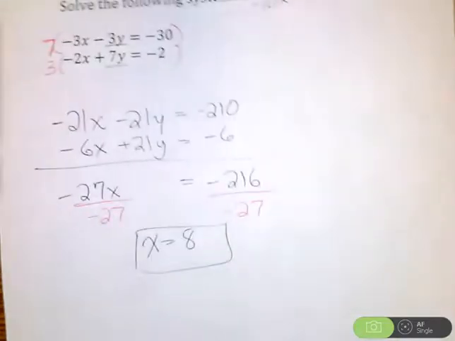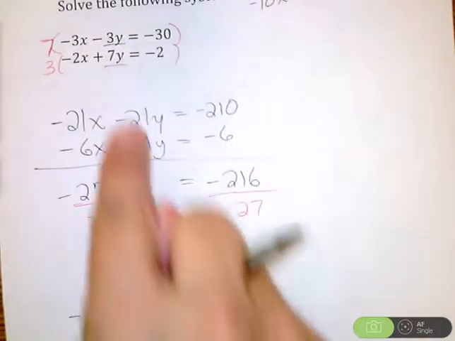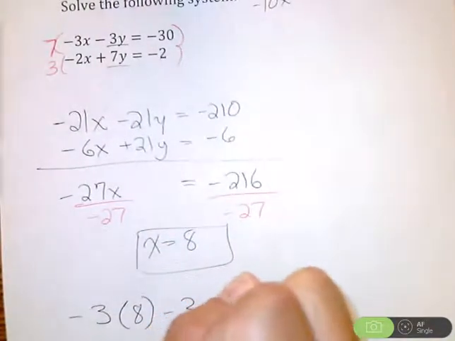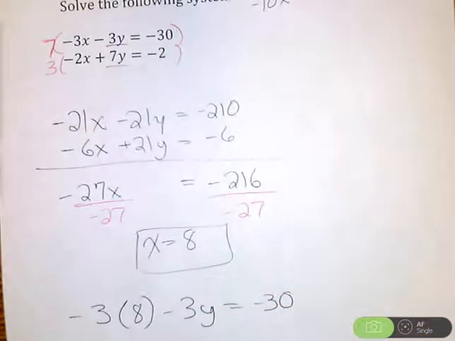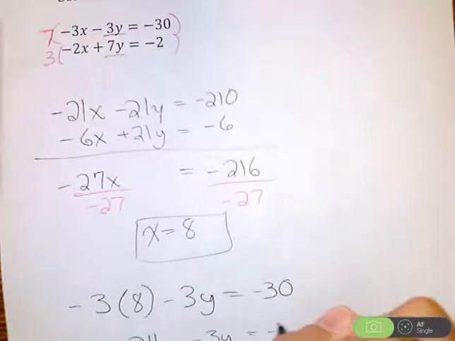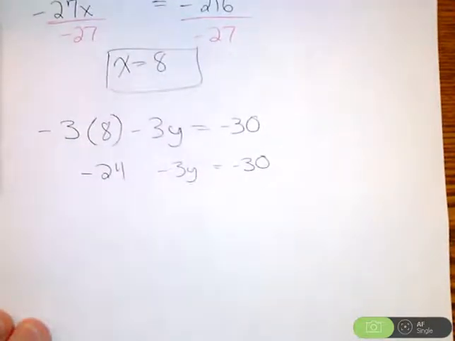I'm going to use the top equation on this one, so negative 3. Instead of the x, I'm going to substitute in that 8. Minus 3y equals negative 30. Negative 3 times 8 is negative 24, minus 3y, negative 30. Going off the page a little bit there.